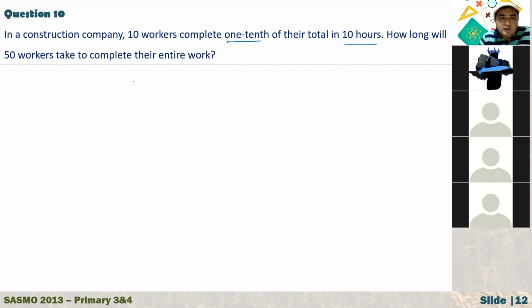Here, again, unitary system. Let me just write here workers. And here we have work to be done. And here we have time. When 10 workers work together, they can complete 1/10 of the work in 10 hours. We know that if we have more workers, they can do more job, right?